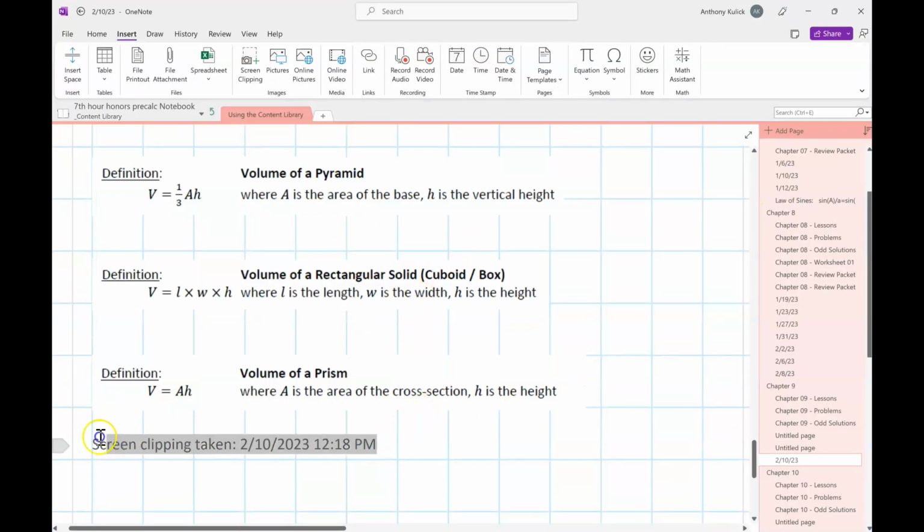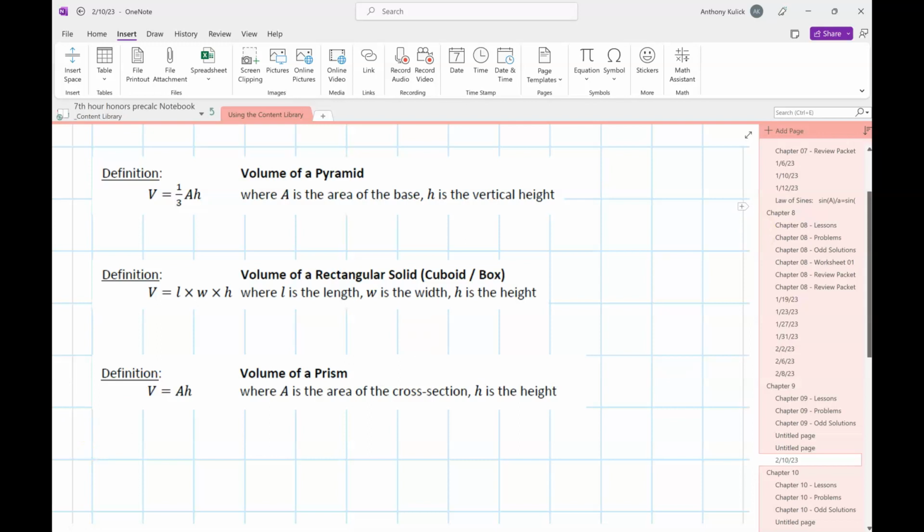And in general, whether that prism is rectangular or anything else, the formula is just area of the base times height, right? So in the case of a rectangle, the rectangle is just length times width. That's the area of the base, and then just times height still.